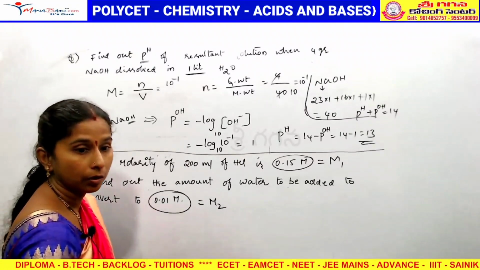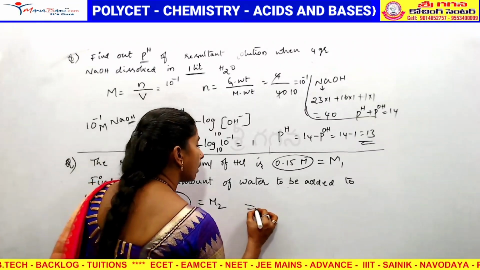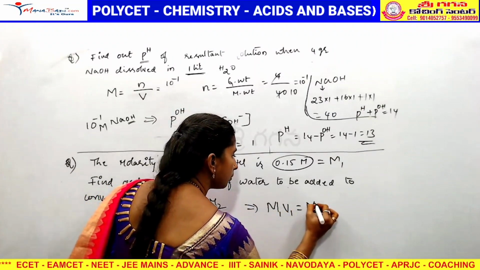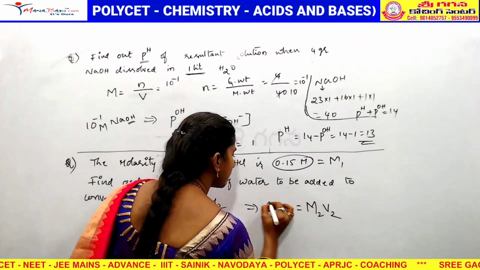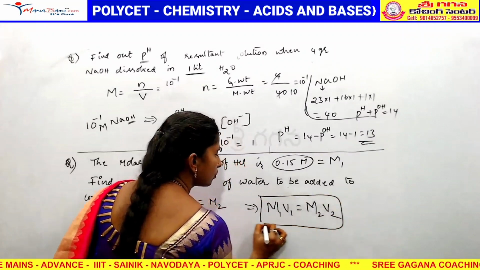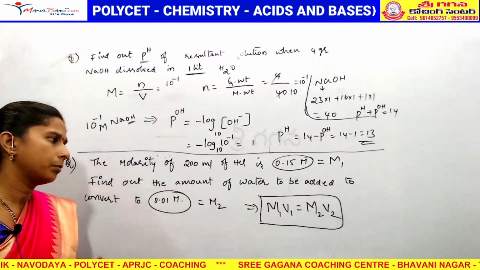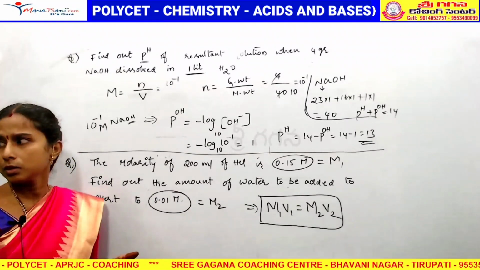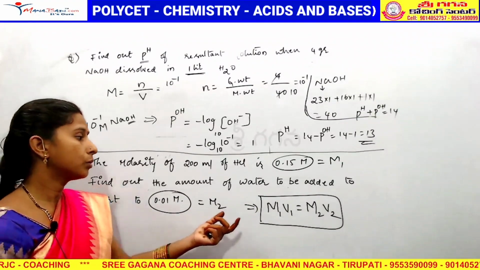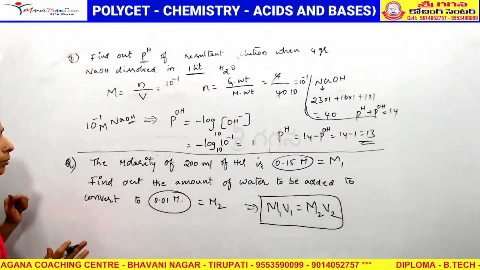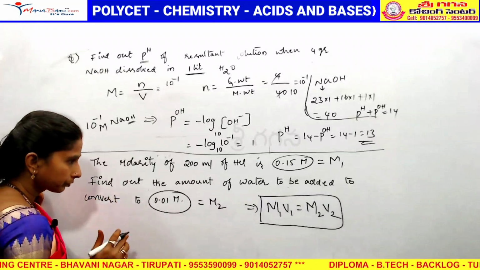Then the formula would be M1V1 is equal to M2V2. This is the formula we need to use to compare 2 solutions, either acids or bases or any other solutions.